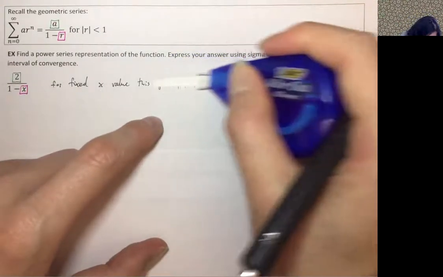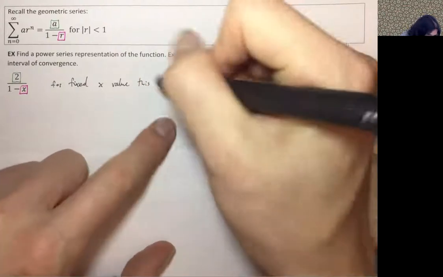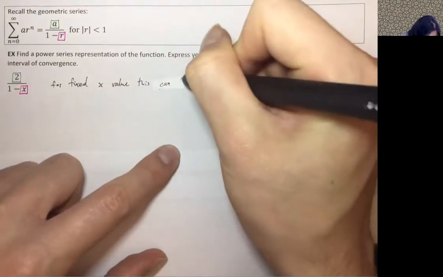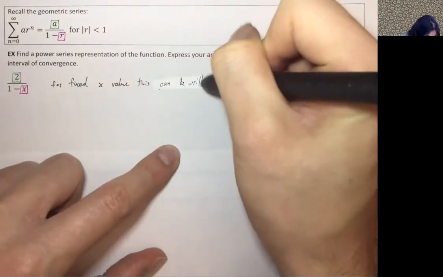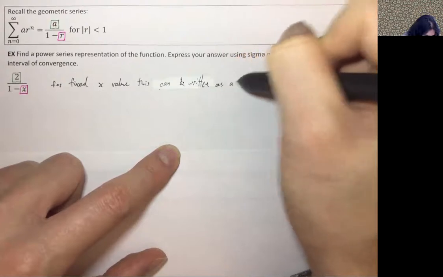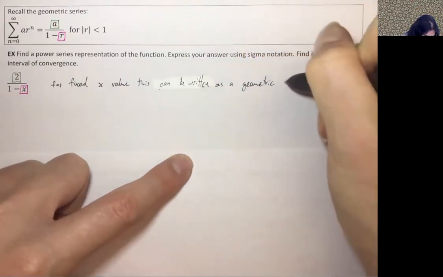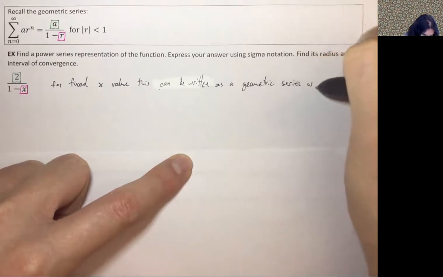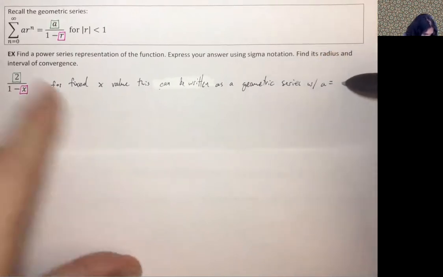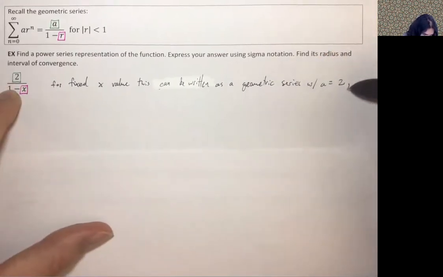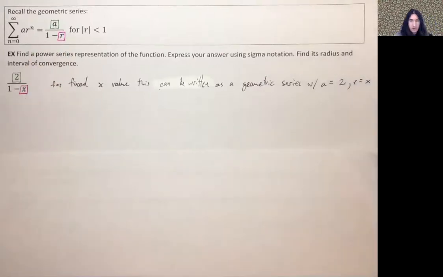Pardon me. This can be written as a geometric series with A equal to 2 and R equal to X, right? R is equal to X.